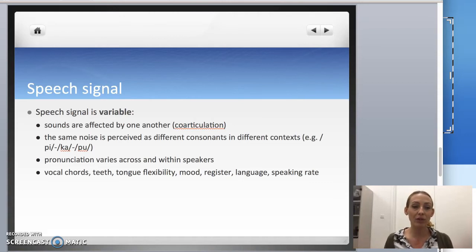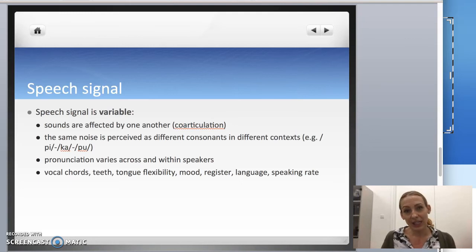So the same sound before E, people hear as P, but before A, they hear it as K. That's because they're not looking at every sound separately. They are looking at the sounds together.